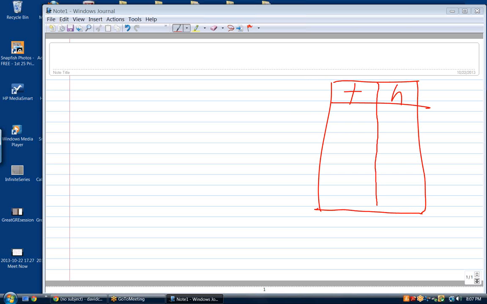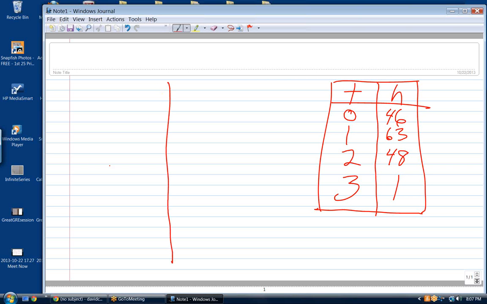For time you have 0 seconds, 1 second, 2 seconds, and 3 seconds. The heights are 46, 63, 48, and 1. For the first part, find the quadratic model for the data.